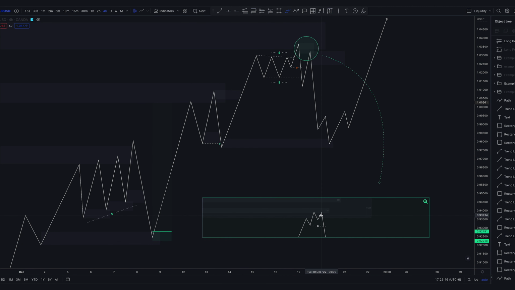Now, as price mitigated the 1 minute supply, it pushed down and it didn't give you an entry. I was like, oh, I missed this, because I thought that price would come here and give me the CHoCH, and it would come back here to give me my entry and go down. So it doesn't always happen like that.